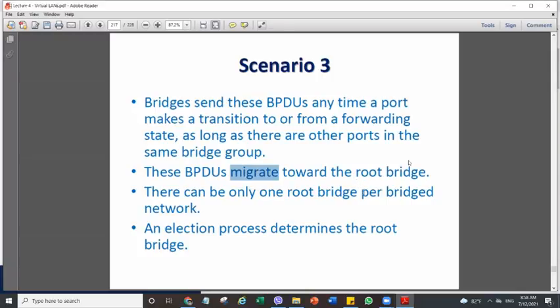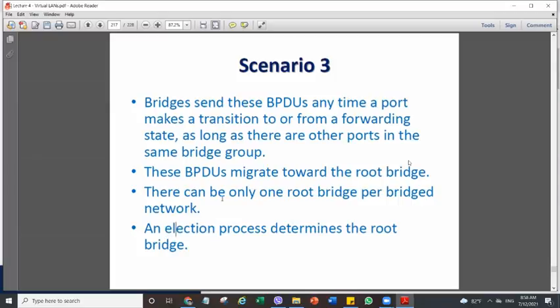There can be only one root bridge per bridge network. That thing is known. Only one root bridge is there in the network. Finally, the election process determines the root bridge. That means all the switches are competing to be the root bridge, but finally the election is based on the priorities and MAC addresses to find the best possible one.